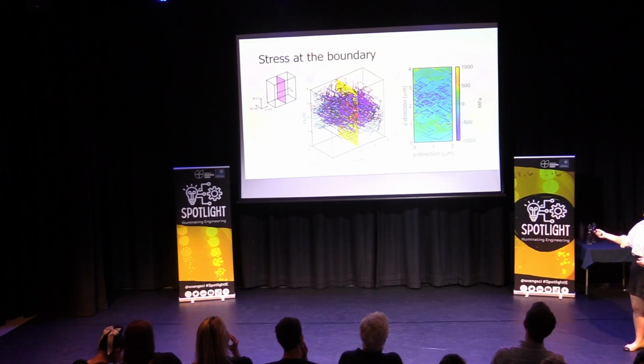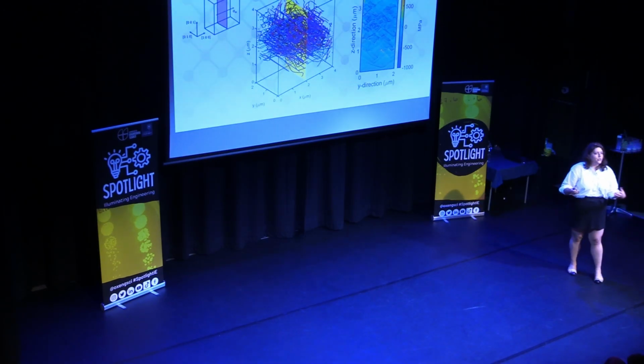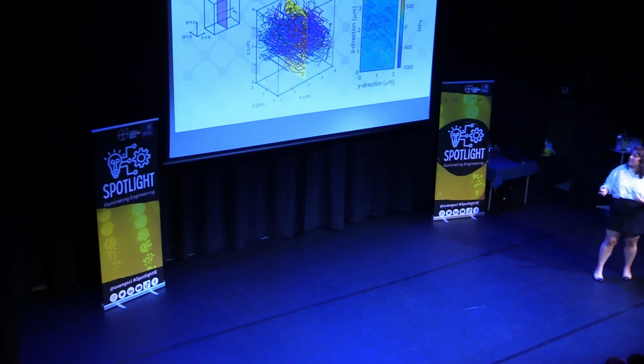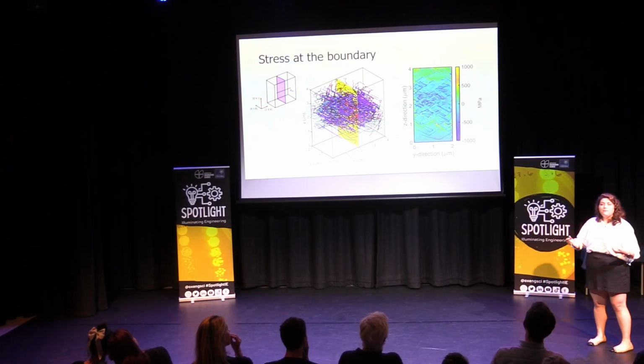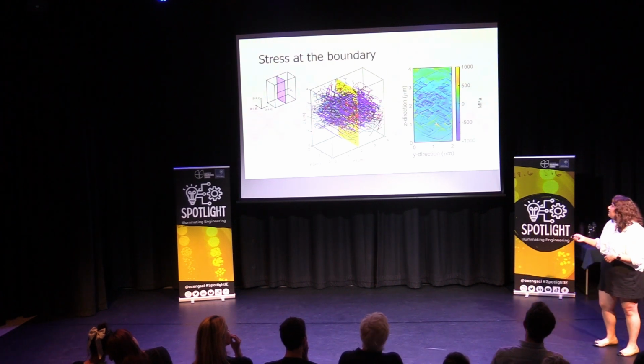All I want to show you is that you see these really interesting intersects at the boundary, and we see a really high total stress at the boundary as well. I don't want anyone to take away any numbers from this, just that the buildup of stress at boundaries is going to depend really heavily on grain size, and from that, what we see in mechanical properties on a much larger scale.